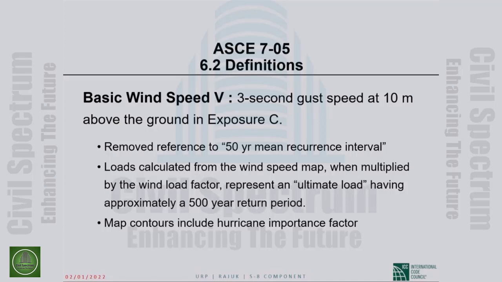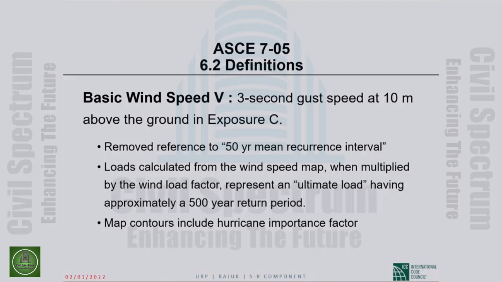On the hurricane coastline, to maintain the 500-year return period on the factored load, the return period on the wind speed had to be higher than 50 years. And that was done. This is what is being described in the last line: map contours include hurricane importance factor. It probably is not said the best way, but that's what it means.